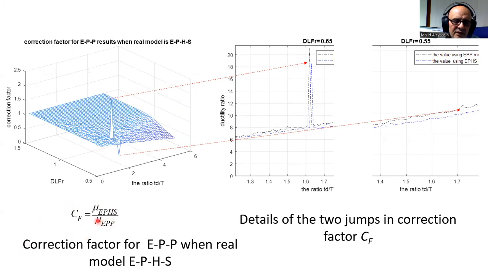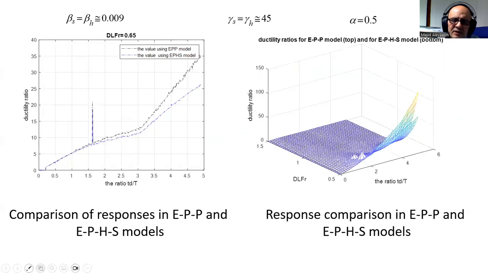The correction factor is always one, as you see here, unless in some ratios it is less than one. Means that by this correction factor, we can use the chart, which I showed you at the first slide, but multiplied by some correction factor to consider the effect of the hardening softening.